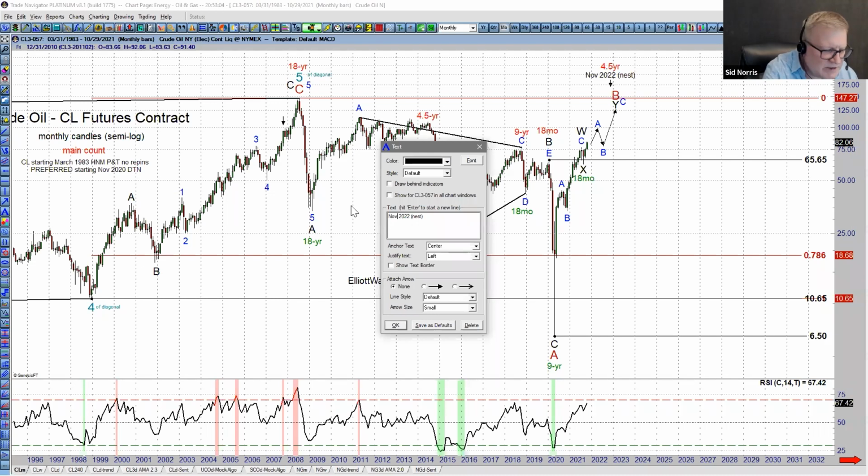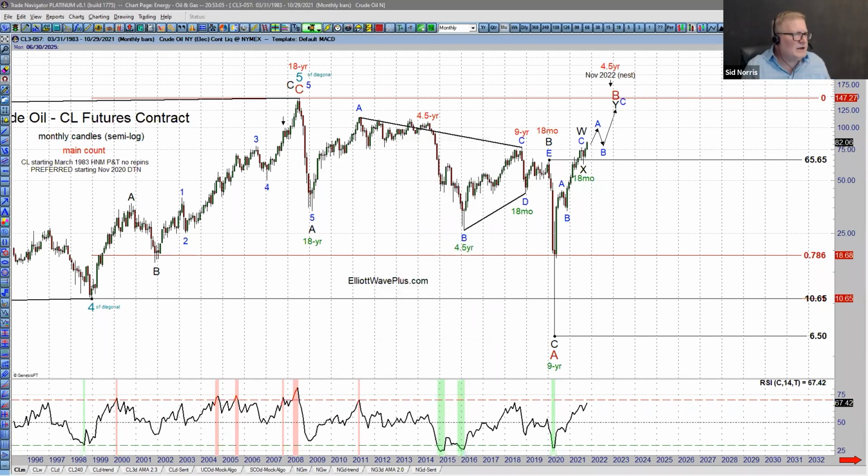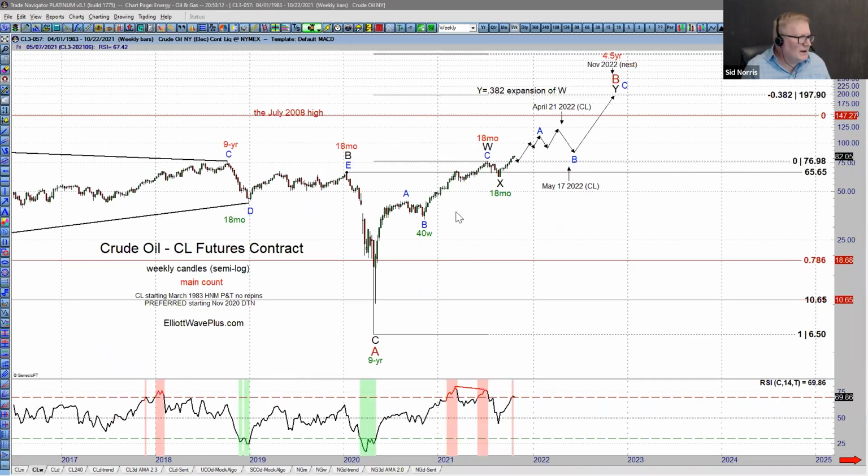Now, see, Hurst adjusts as it moves along to the price action that it sees, and I'm glad that it does, because I will say it does have a tendency to keep me on track. I was a lot more bearish on crude oil back over here, but it became apparent that it had already been 18 months since that April of 2020 low in crude oil, and an 18-month cycle trough was likely due.